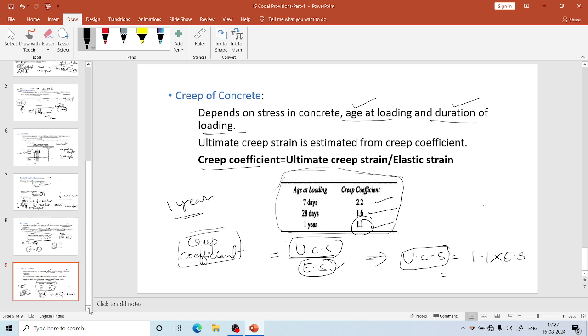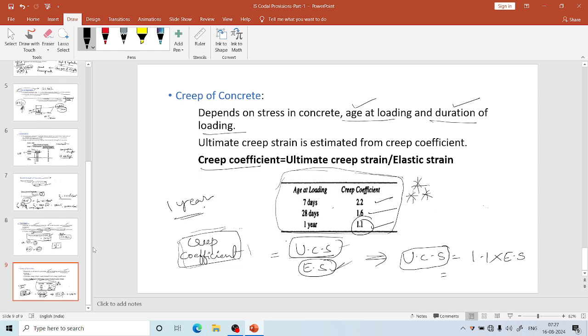This is important for the exam. Have to remember this table of creep coefficient. They can ask directly, or they can ask to find it by giving either the ultimate creep strain or elastic strain. They check whether we know this creep coefficient at the age of loading.